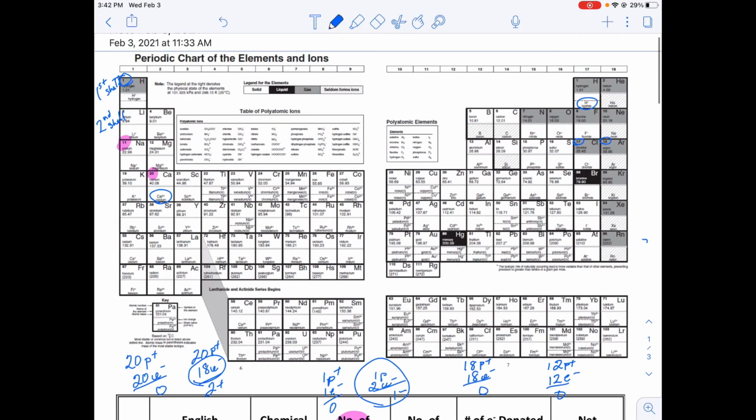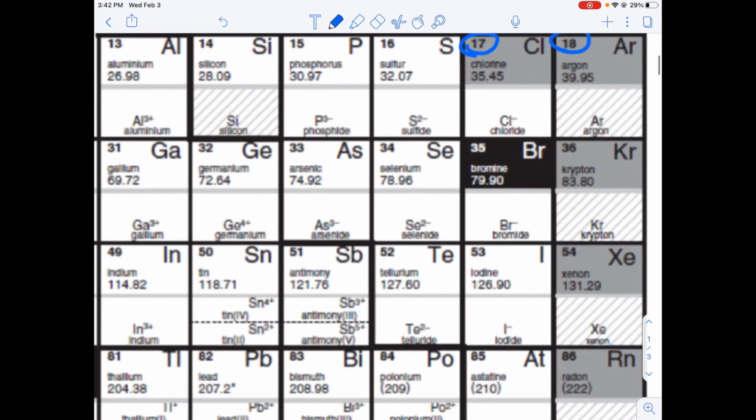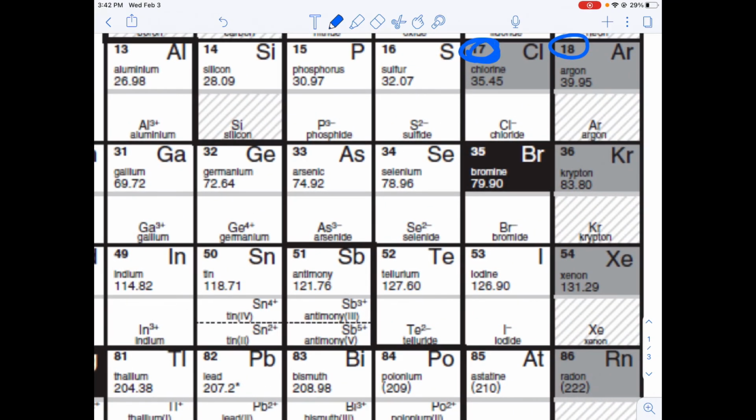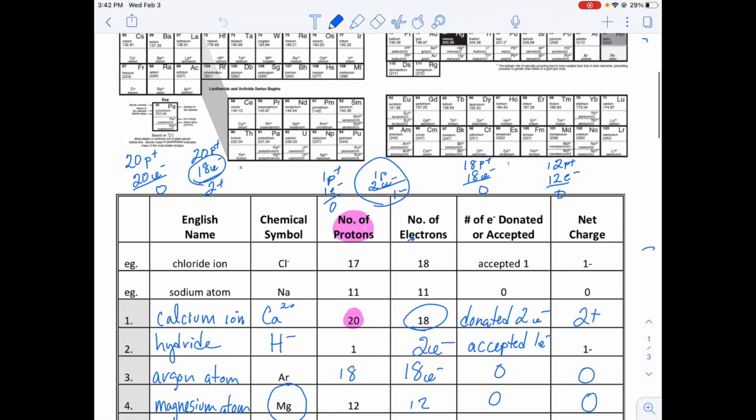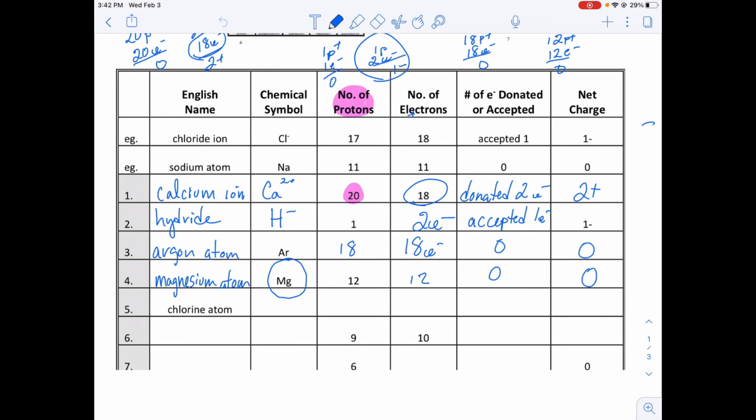Chlorine is over here. It has 17 protons. And so the chlorine atom is going to have 17 protons. It's Cl, but it doesn't have a positive or a negative because it is an atom, not the ion. So it'll have the same number of protons and electrons. There'll be 0 transferred, and it'll have 0 net charge.